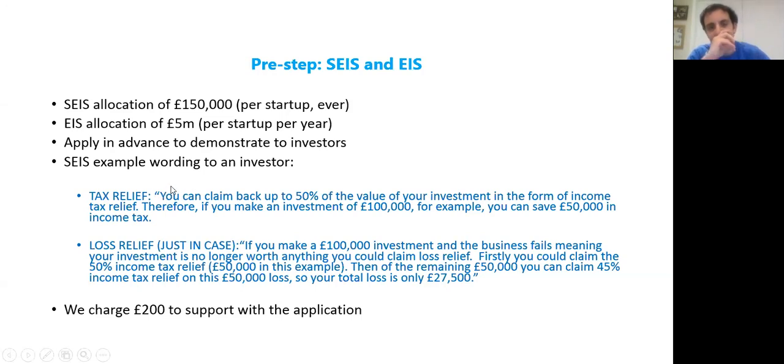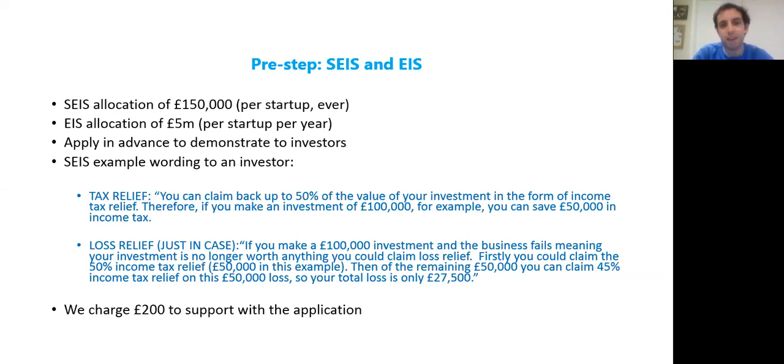Using an example, if someone was investing £100,000, you can say to your investor, if you have this SEIS advanced assurance lined up, you can effectively claim 50% of that off your next income tax bill. Very practically, it's like saying they're actually investing £50,000 rather than £100,000. It's like a 50% discount. So it's an amazing benefit for the investor, which enables you to sweeten the deal of your proposal to them.